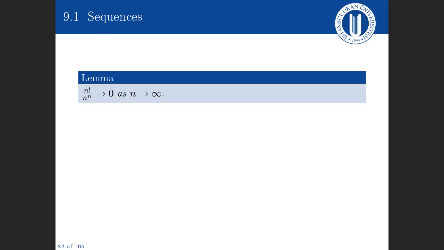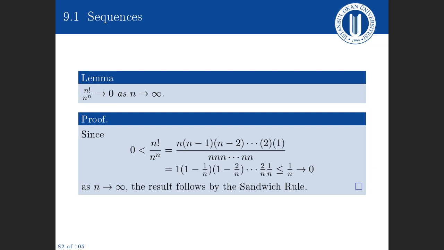What about n factorial and n to the power n? Which is more powerful? Which is dominant? N to the power n is more powerful than n factorial. This quotient tends to 0. I can prove this just by writing down what we have.